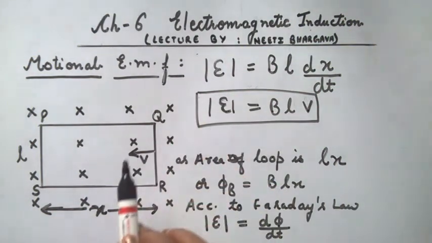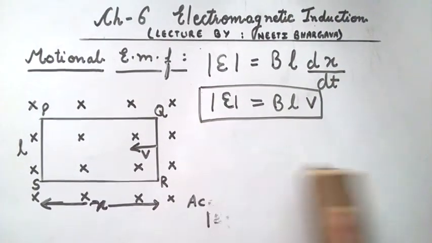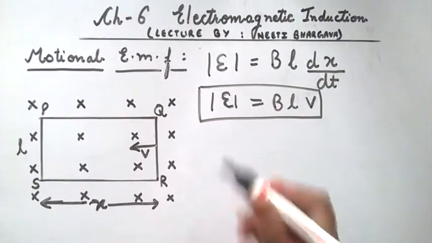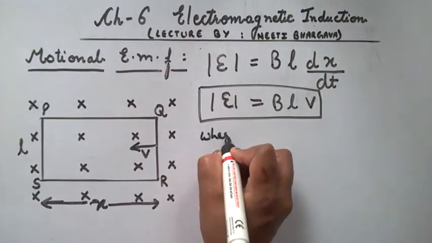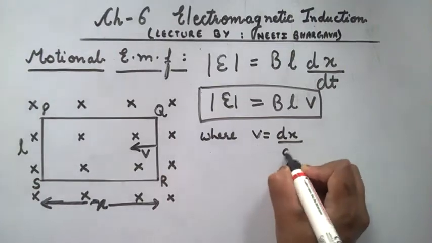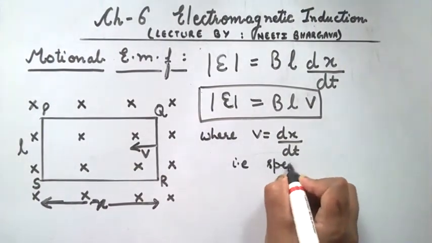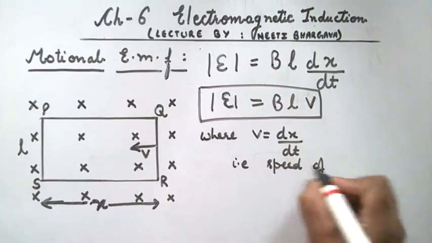When there is a motion of a conductor and magnetic field is time independent, that is does not vary with respect to time, we can write E equals BLv, where v is equal to dx by dt, that is the speed of a conductor in terms of magnitude.